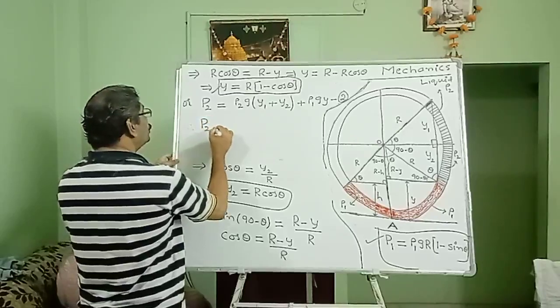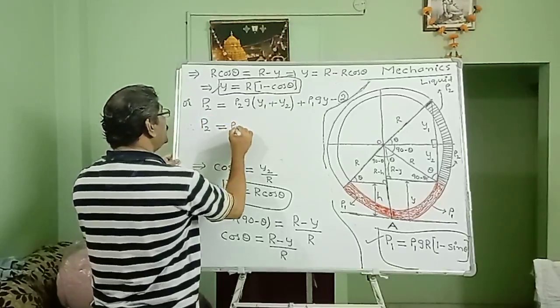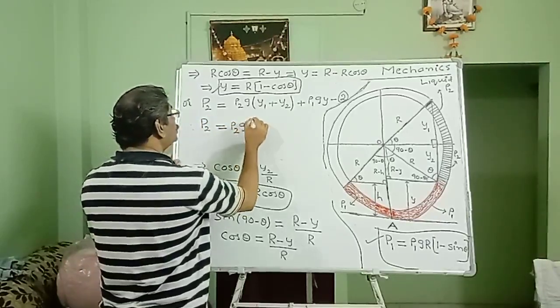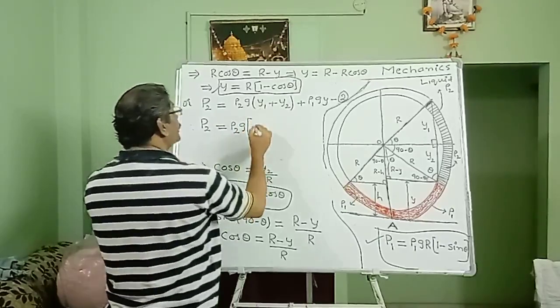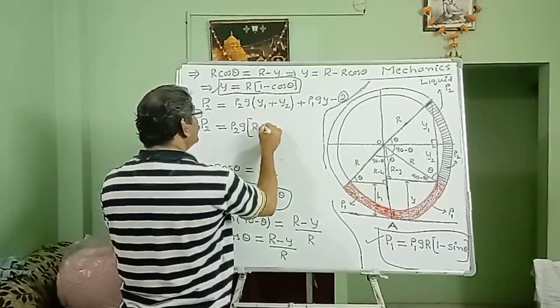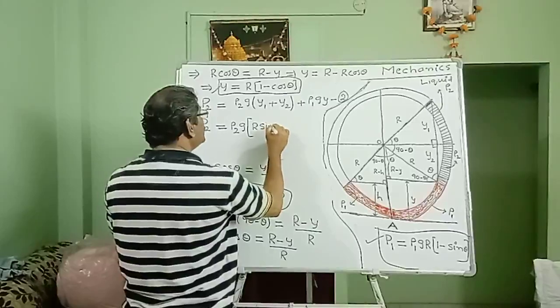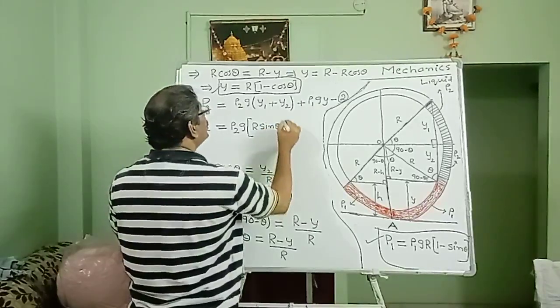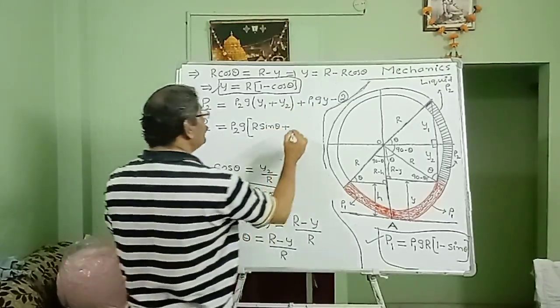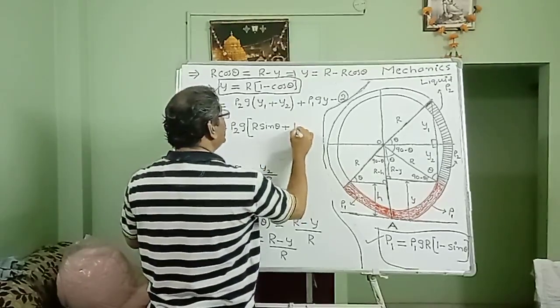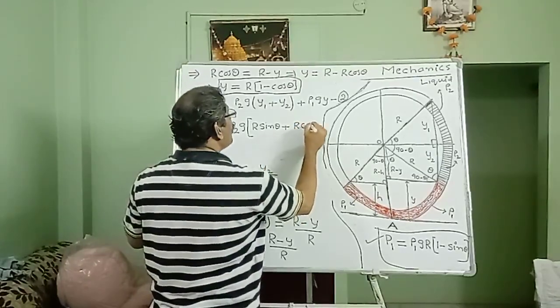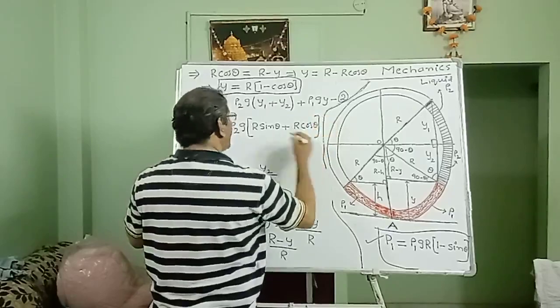If I substitute, P2 will be numerically equal to root 2g multiplied by y1, which is r sin theta, plus y2, which is r cos theta, whole.